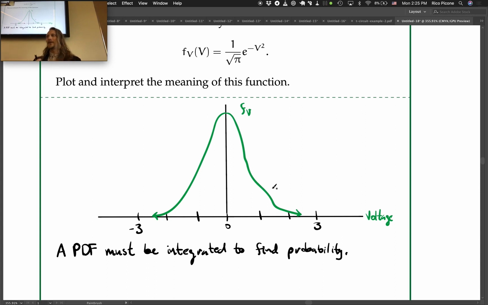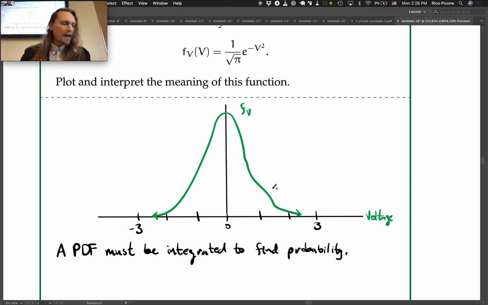That would be crazy big. So this is a very, very hot resistor. I just gave it scaling that didn't matter. Probably should have done room temperature or something, but those were really small numbers and we didn't want to deal with that.